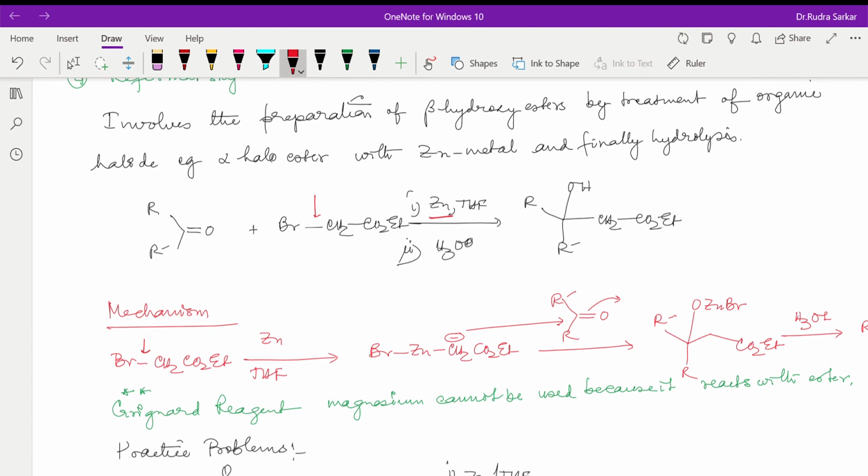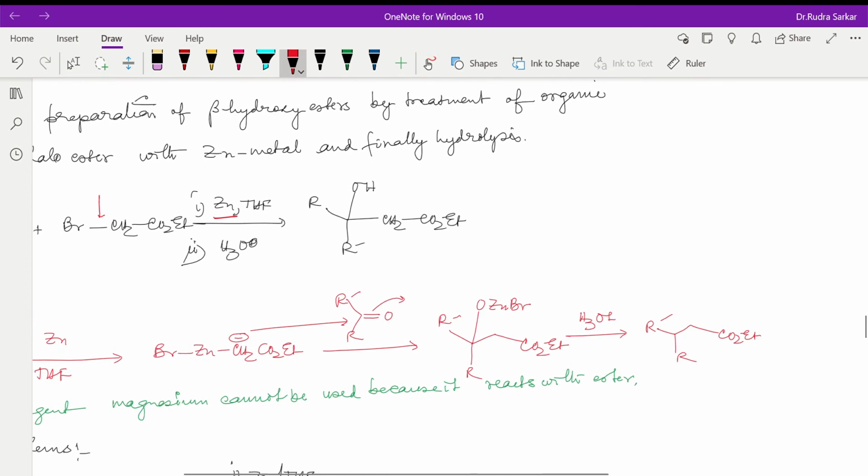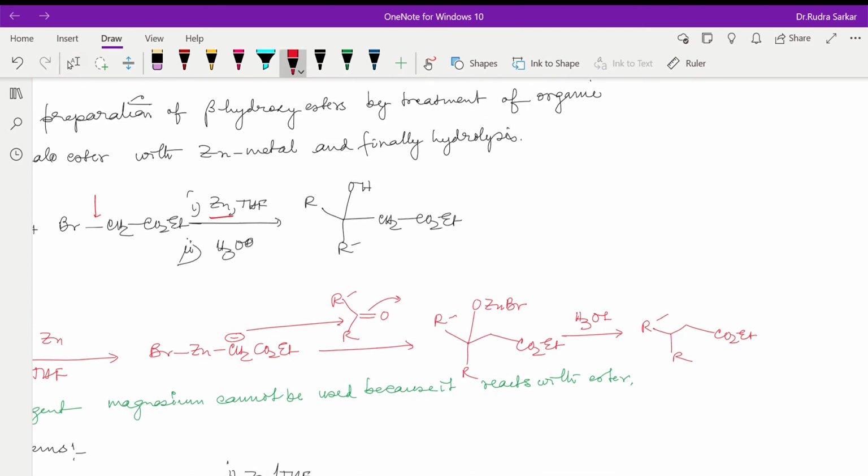So now this nucleophilic carbon is almost like an RMgX, which is making an attack on the ketone, and eventually it leads to the formation of, if this is alpha, this is beta, so we have beta hydroxy esters.